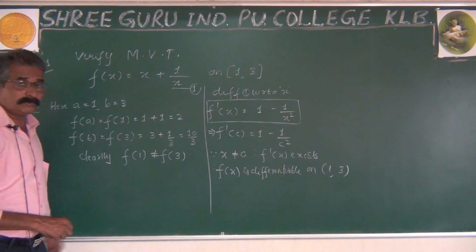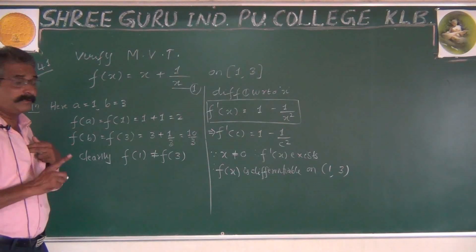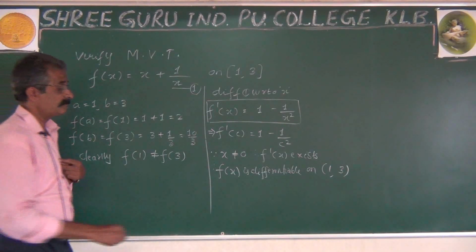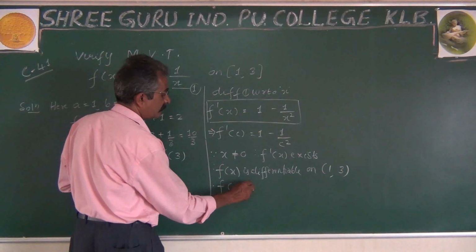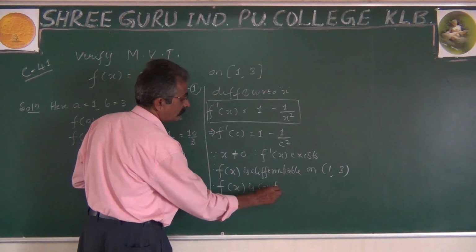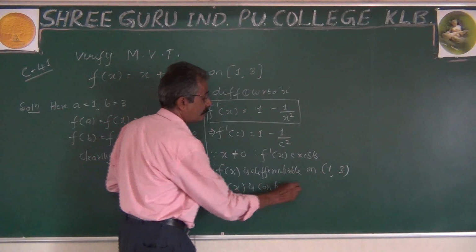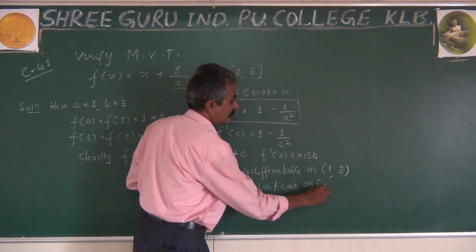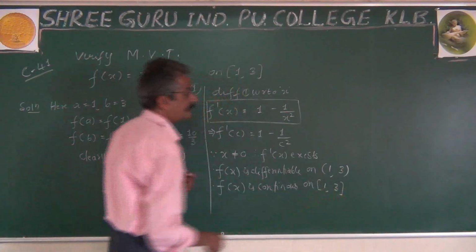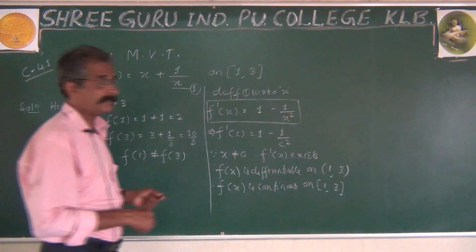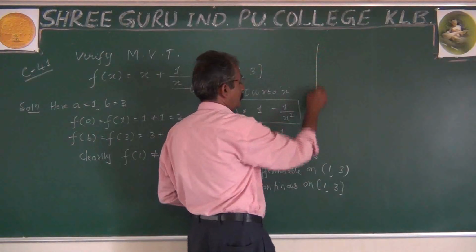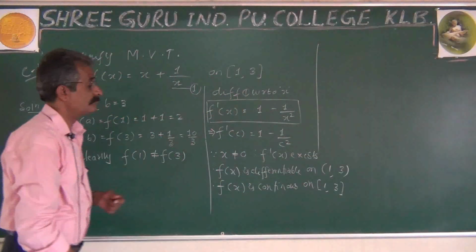By standard theorem, every differentiable function is always continuous. Therefore, f of x is continuous on the closed interval 1 comma 3. As all the conditions of Lagrange's theorem are satisfied, now we implement Lagrange's theorem.